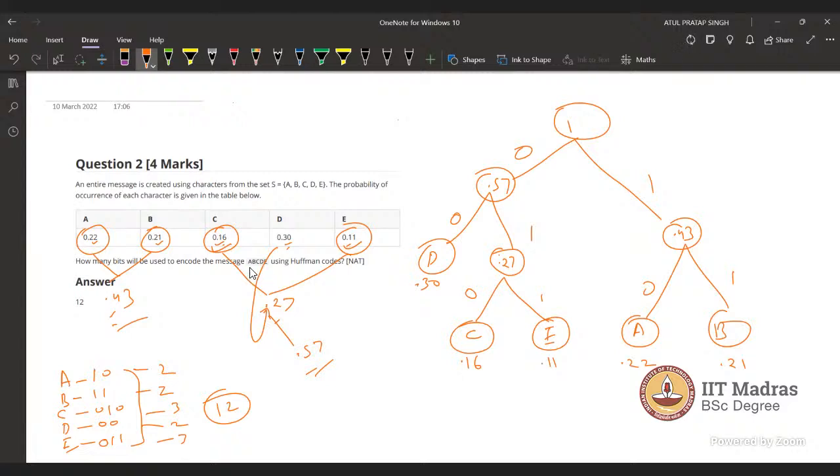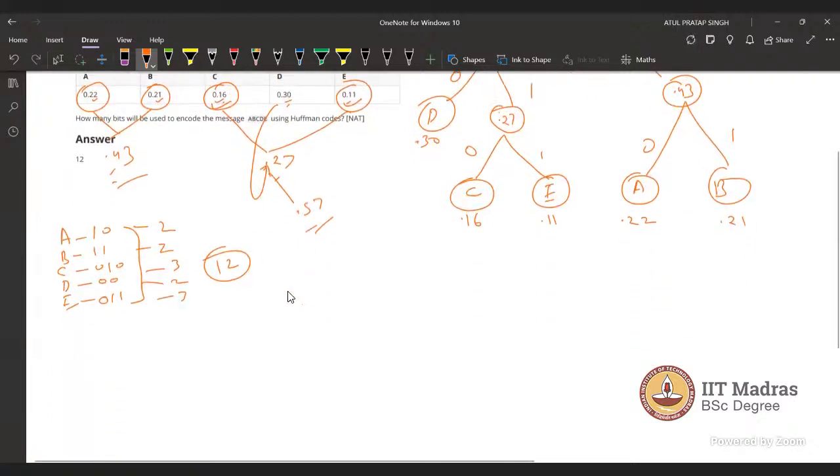You have the code for ABCDE, so you just make the code for this message. The code for this message is just adding all the codes in sequence with bits: 1 0 1 1 0 1 0 0 and 0 1 1.